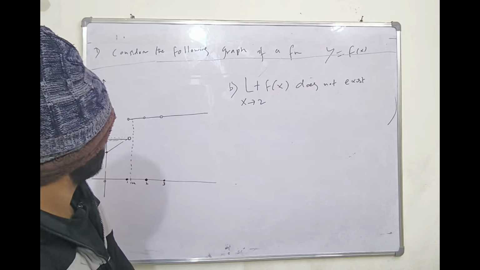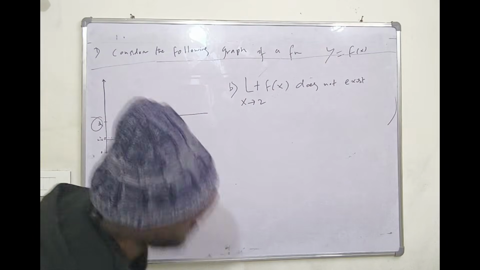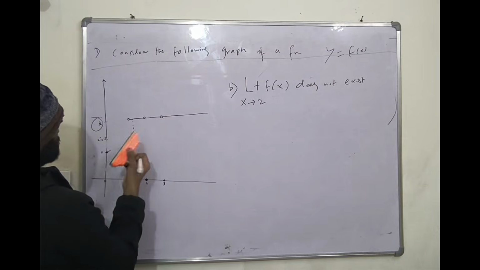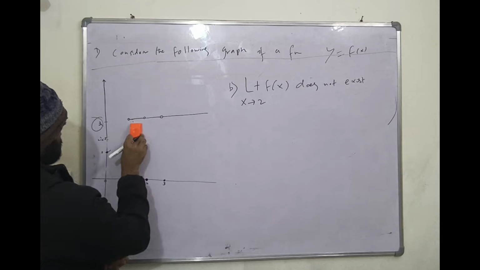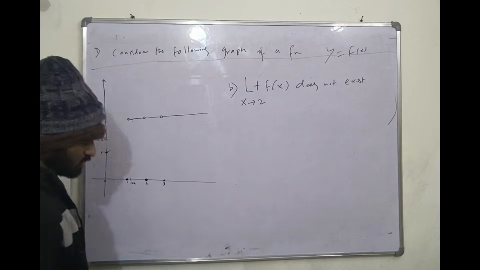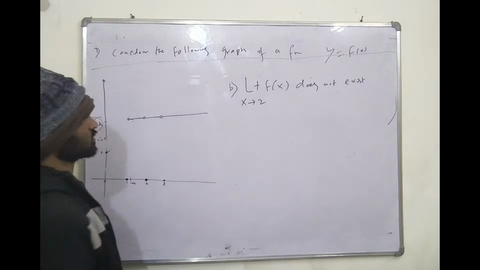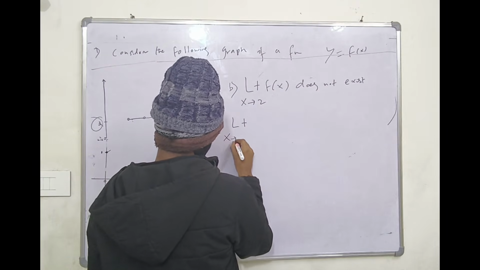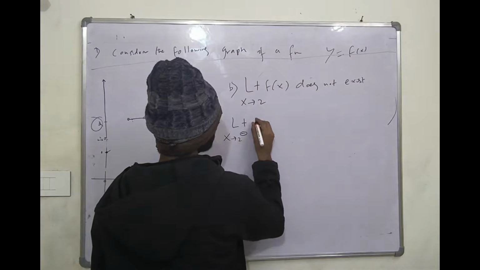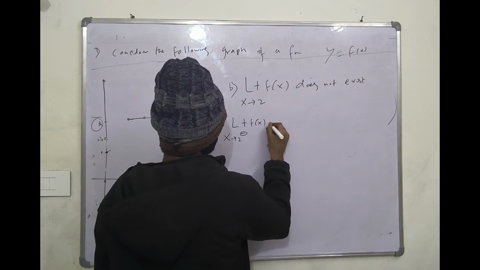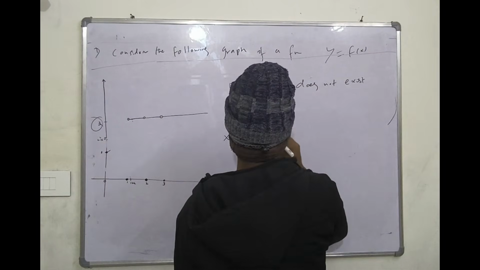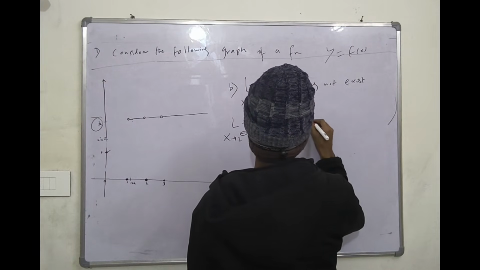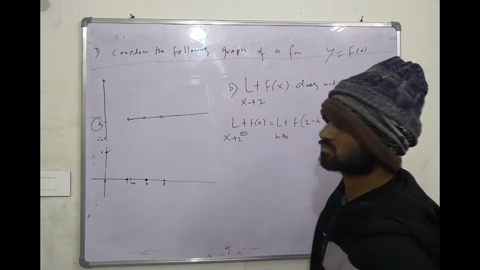So here, the left hand limit: limit x tends to 2 minus f of x equals limit h tends to 0 f of 2 minus h. Good.